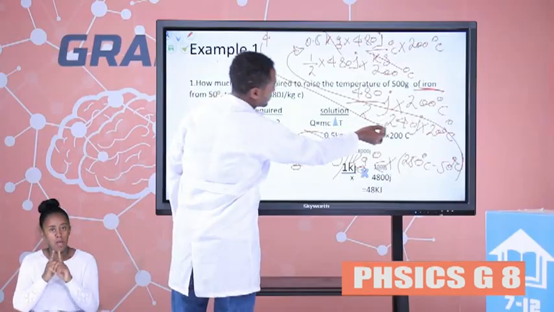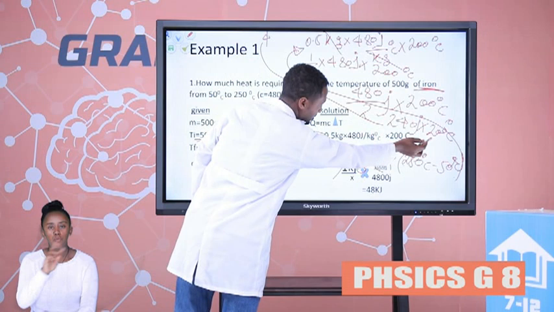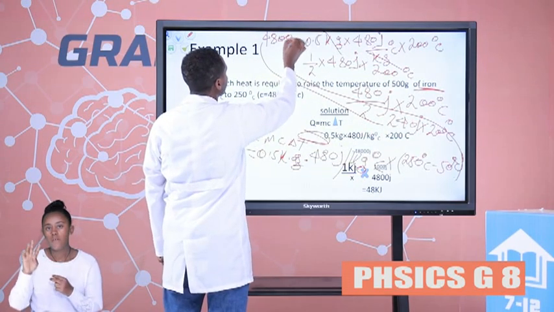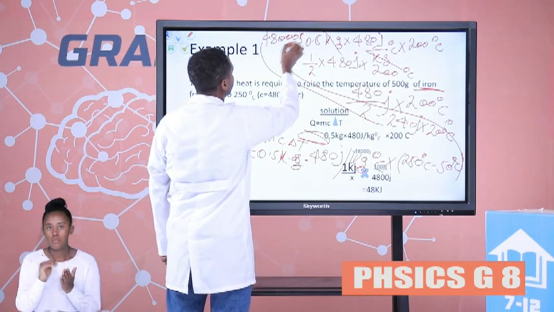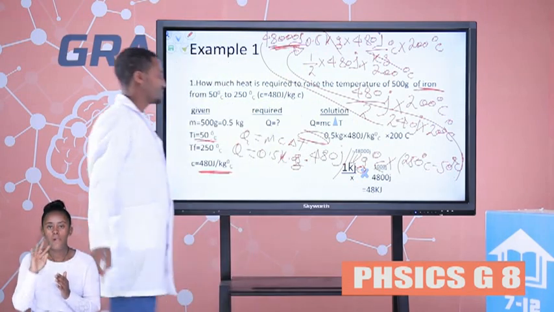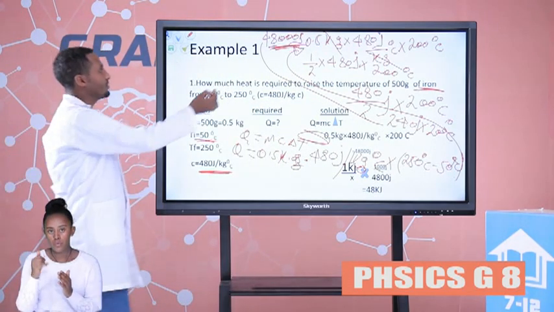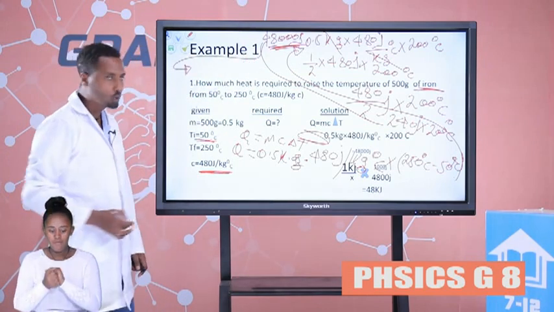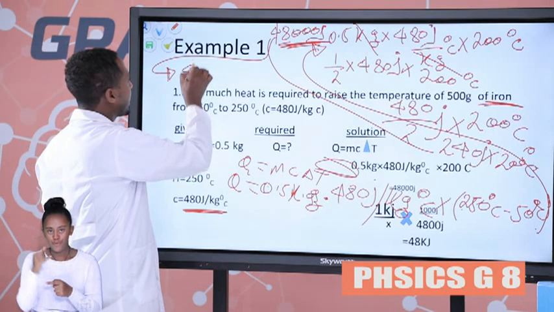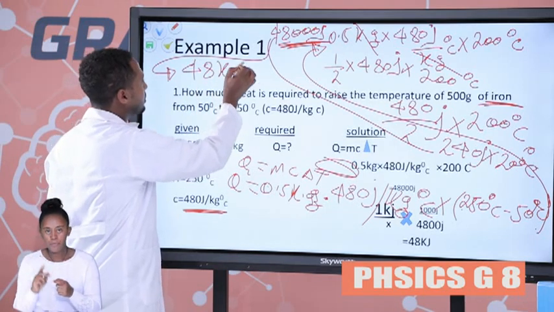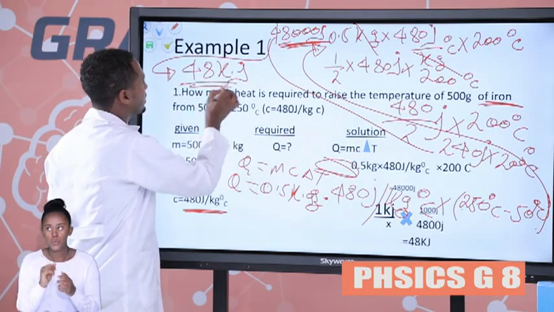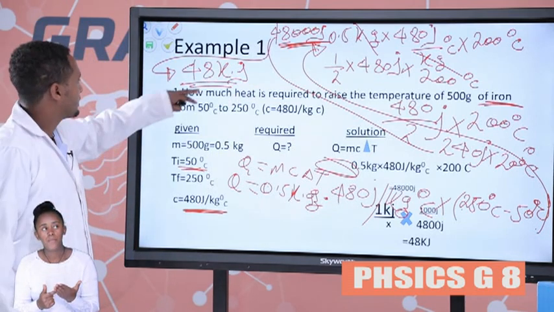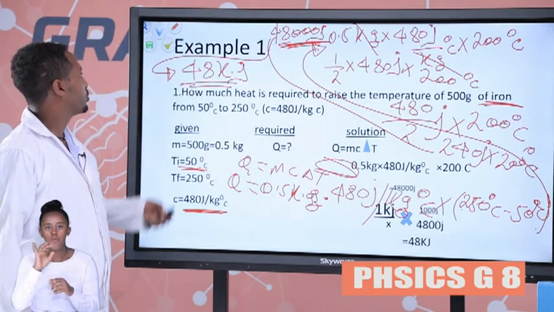The answer is 240 times 200, 48,000 joule. These 48,000 joule we can convert into kilojoule. 48 kilojoule. So the answer is 48 kilojoule.